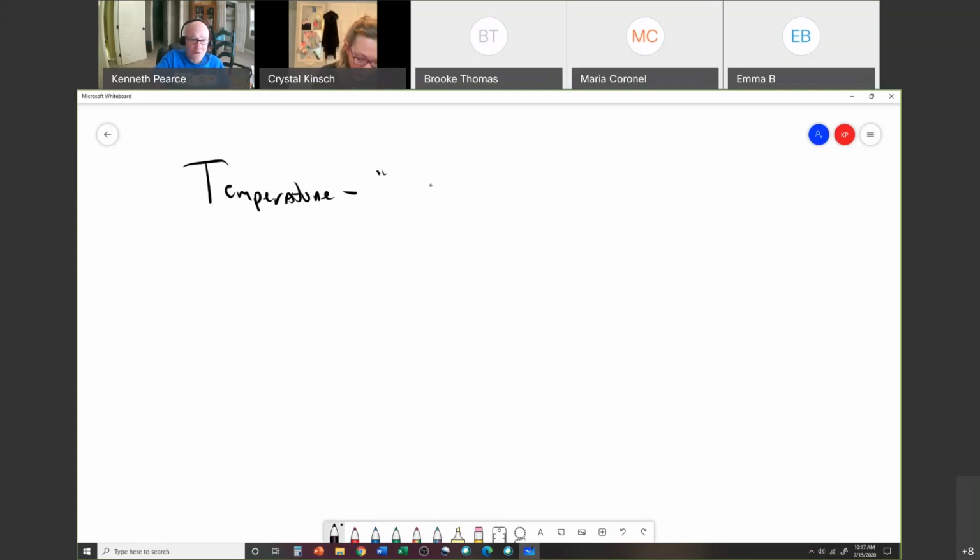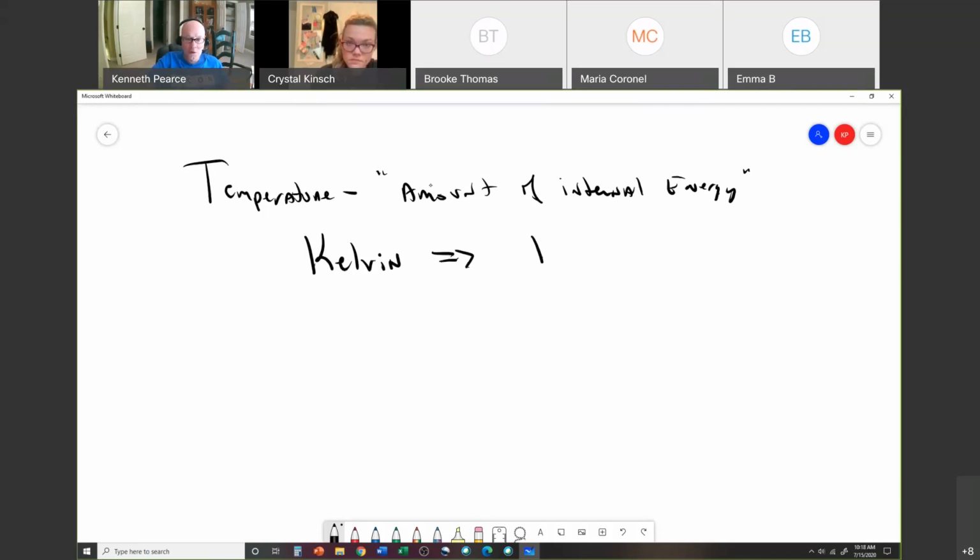And the temperature, the definition of temperature is the amount of internal energy. I mean, that is one definition of temperature. And the unit that we're going to use is something called the Kelvin. All right, otherwise abbreviated as big K. This is Kelvin.